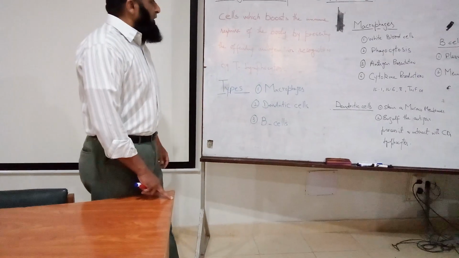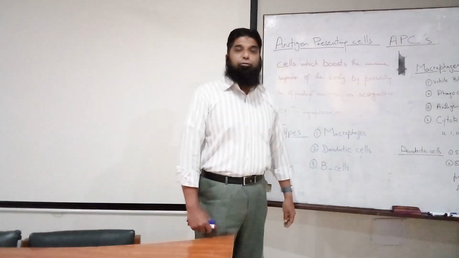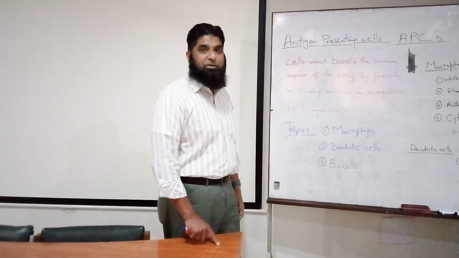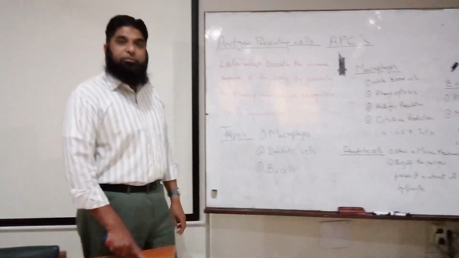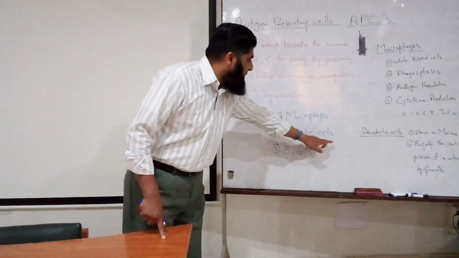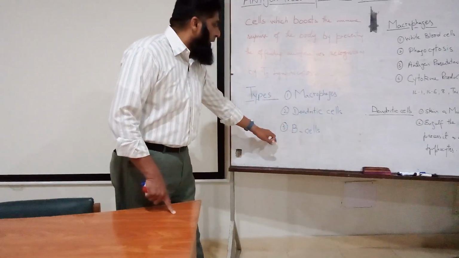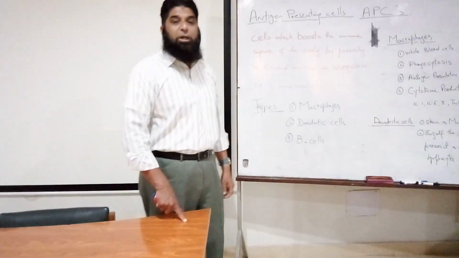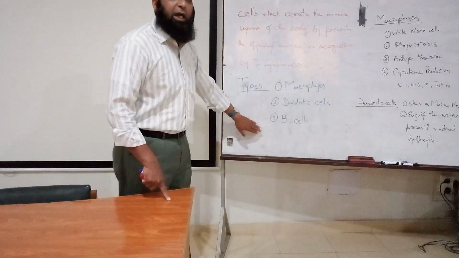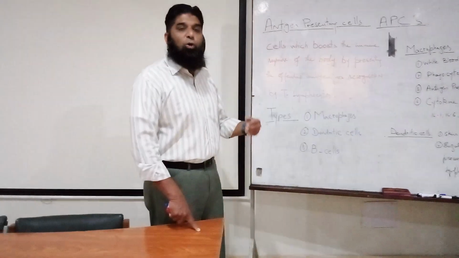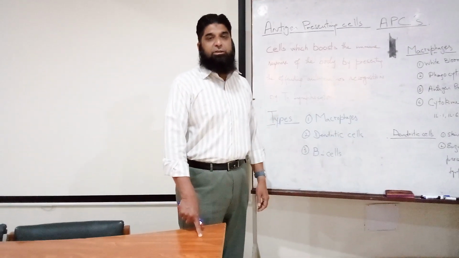Okay? Students, there are three different types of antigen presenting cells. These are number one, macrophages, number two, dendritic cells, and number three, B cells or B lymphocytes. Students, these three types of cells are also called professional antigen presenting cells.